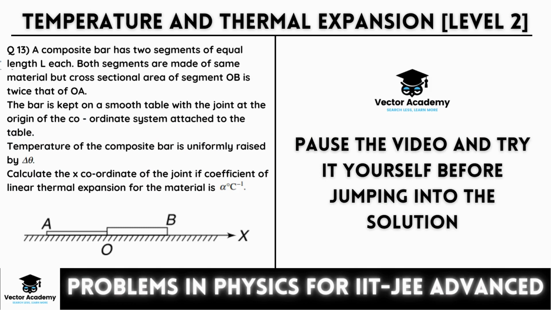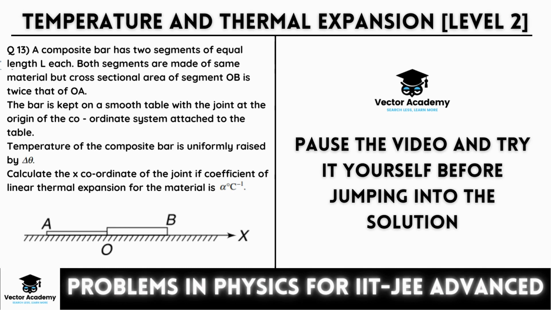Question 13. A composite bar has two segments of equal length L each. Both segments are made of the same material, but cross-sectional area of segment OB is twice that of OA.